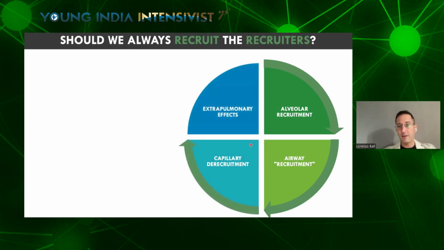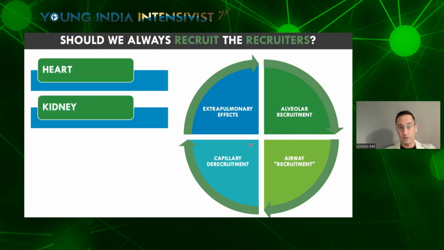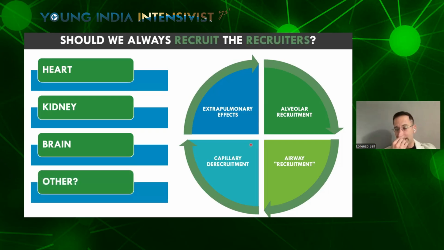We can have an unwanted compression of the pulmonary capillaries, and we can have extrapulmonary effects. I'm thinking about effects on the circulation of the kidneys, of the brain, and probably many other aspects that we don't think about.